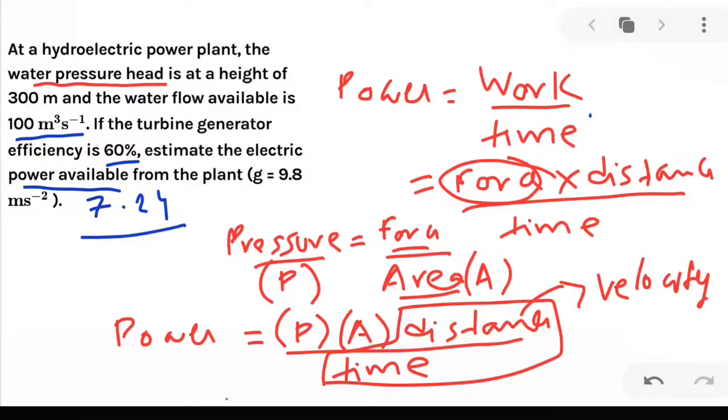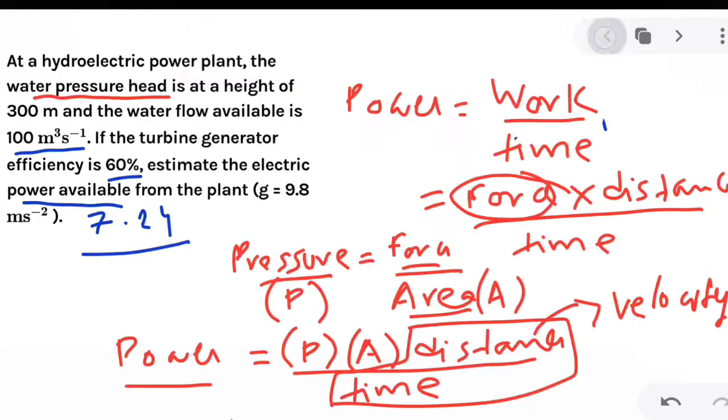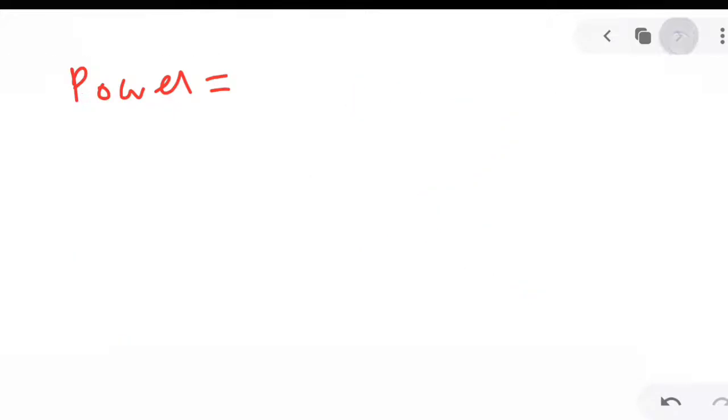So power is equal to pressure into area into velocity. Okay, so power is equal to pressure into area into velocity.